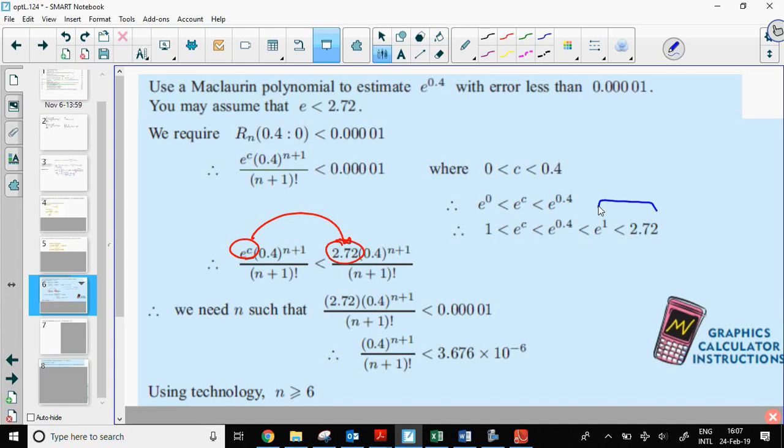I mean, e to the 0 is 1, e to the 0.4 is whatever, some number, but they're both less than e. So whatever e to the c is, it's definitely less than 2.72, so we can feel free to make this substitution right there, and then it's calculator, graph the thing, find the intersection, and you'll get n has to be greater than or equal to 6.